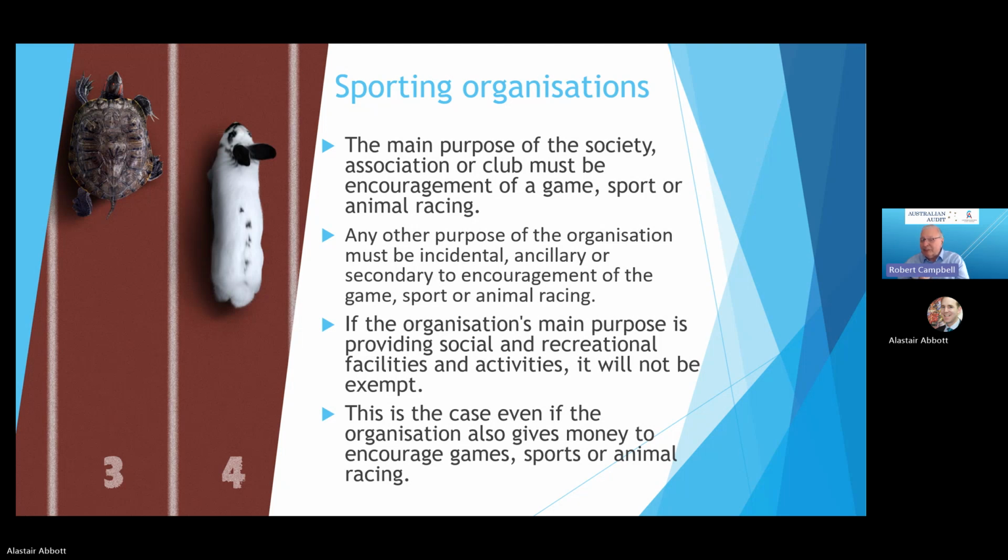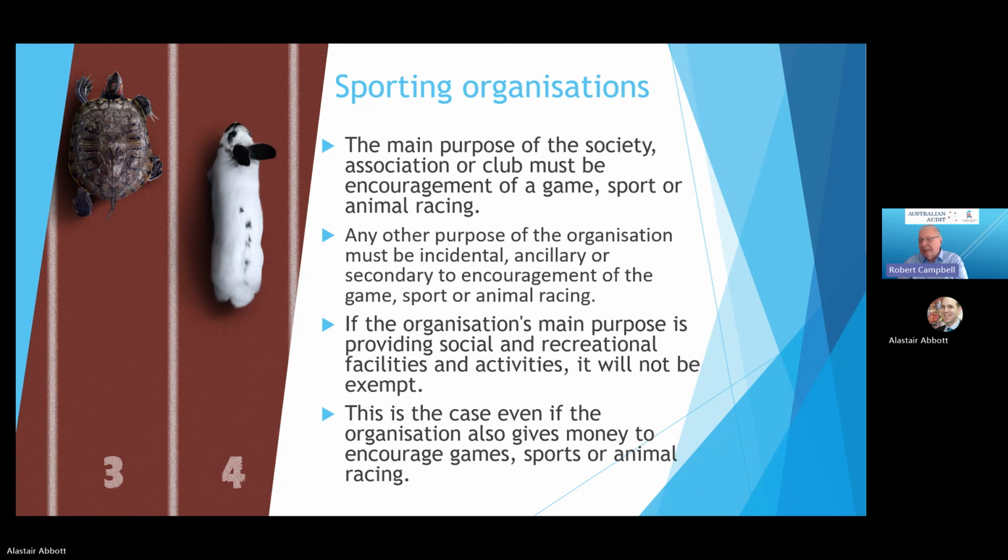However, for some organisations, that main purpose isn't clearly set out in their constitution. You may find the constitution reads with multiple purposes rather than a very clear main purpose. So a sporting organisation that's been a sporting organisation for 50 years may find a problem with their constitution not articulating clearly what their main purpose is.